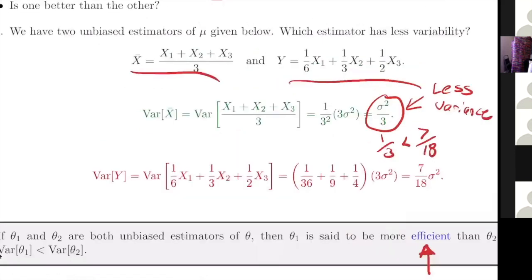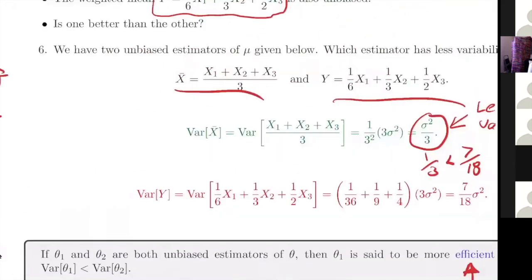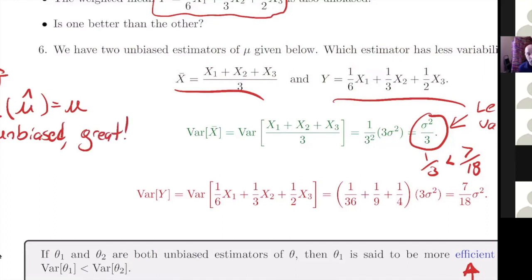So we kind of have two things. Okay, so if we can show that the expected value is equal to the population parameter, then we say it's unbiased. Sometimes a little bit of bias is fine.